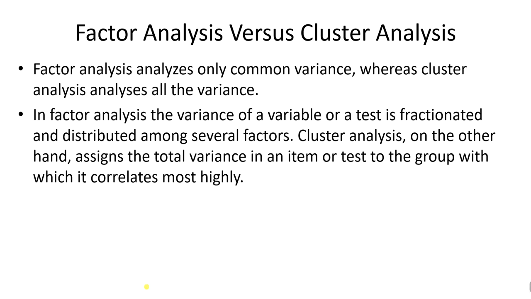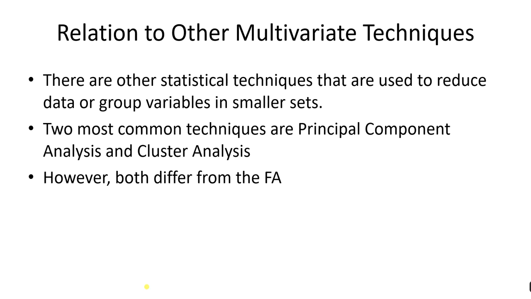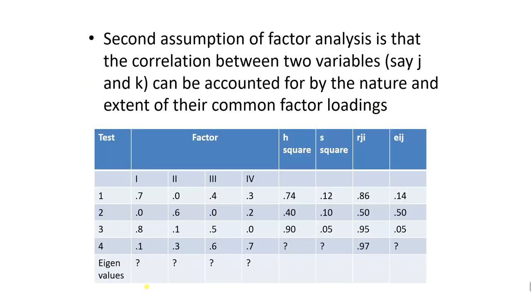For example, I am showing you the previous slide. So this is factor analysis. Variable 1 has a high relationship with factor 1, and it is also related to some extent to others. So the variance of variable 1 is distributed across three factors. No variance is attributed to factor 2 here.